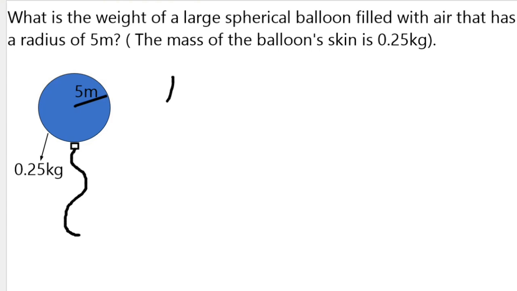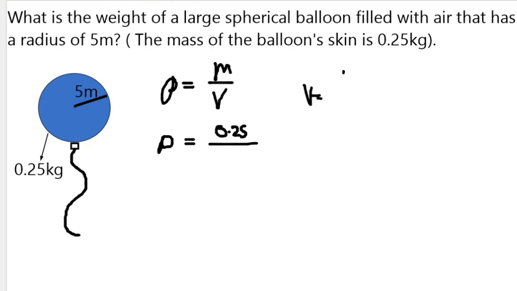What is the weight of a large spherical balloon filled with air that has a radius of 5 meters? The mass of the balloon skin is 0.25 kilograms. Density is equal to mass over volume. Let's find the volume first. To calculate the volume of this spherical balloon, the equation we're going to use is 4/3 pi r cubed, and the radius is 5 meters.